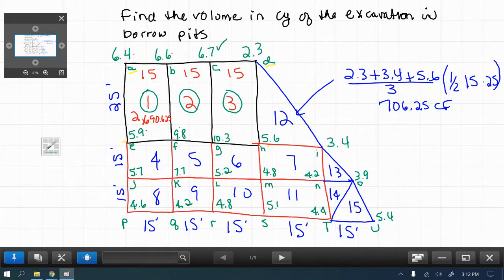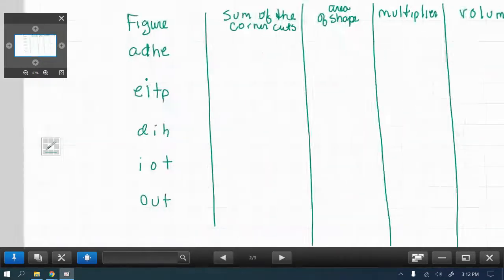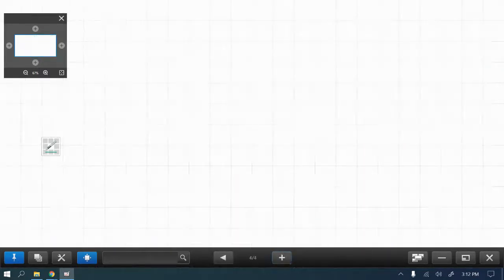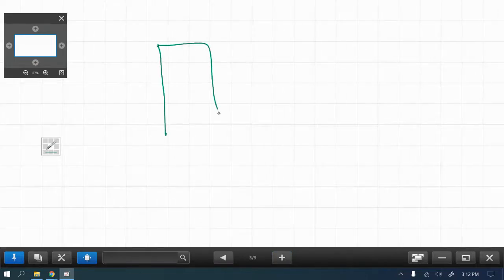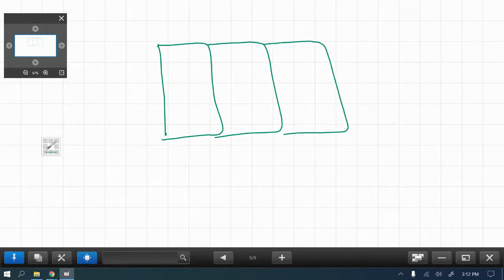I'm going to isolate 1, 2, and 3. I'm going to go over here and just isolate it so you can see how you isolate it. You don't even want to think about it. You just want to think about these.